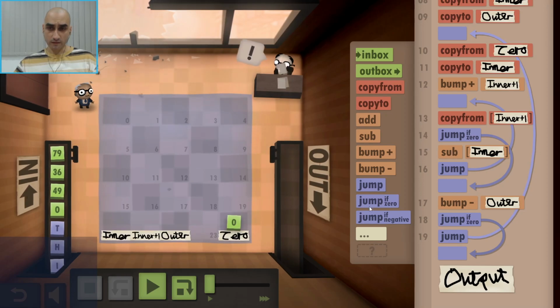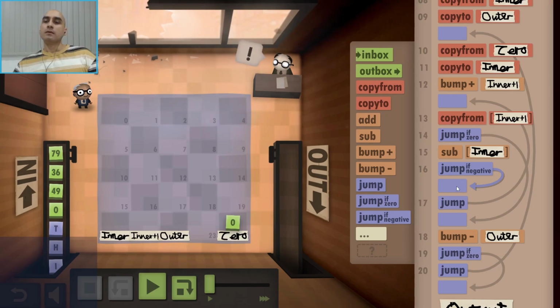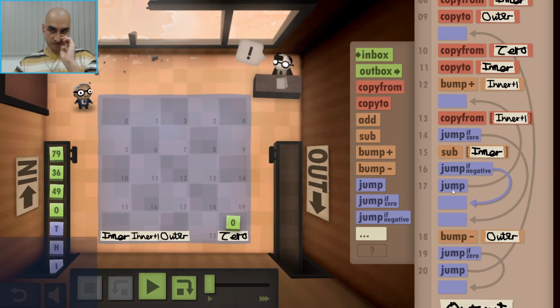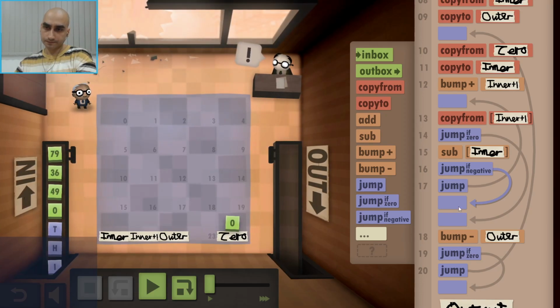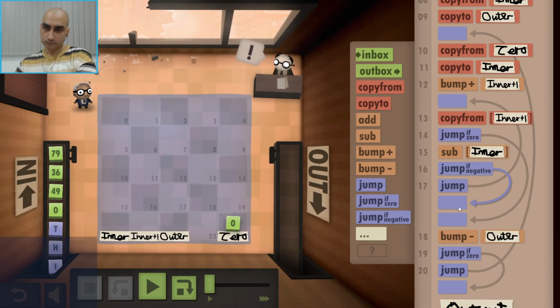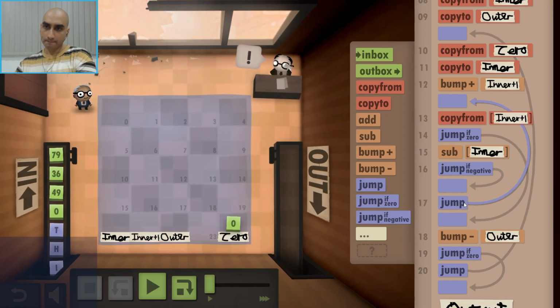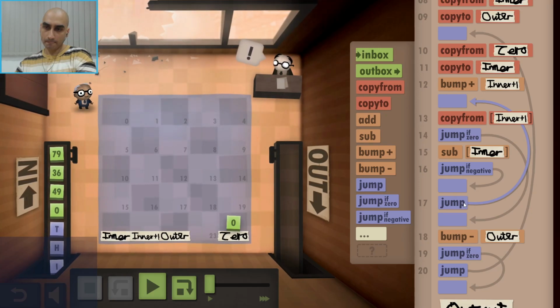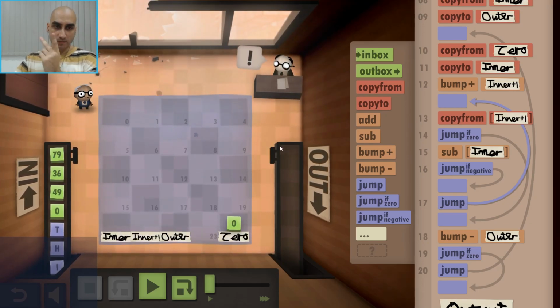If we get a negative, then yeah. Okay, so if we get a negative, that means we have to swap the two. How do we do that?